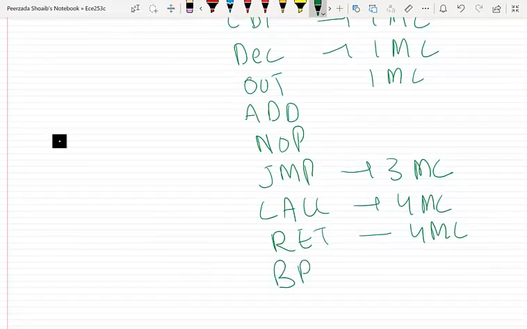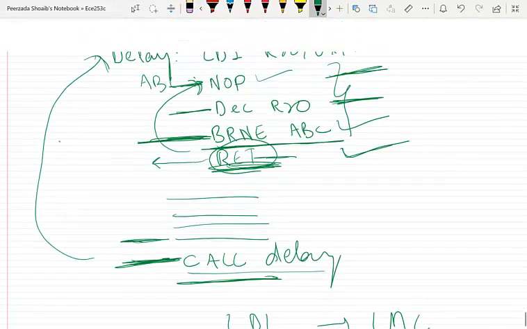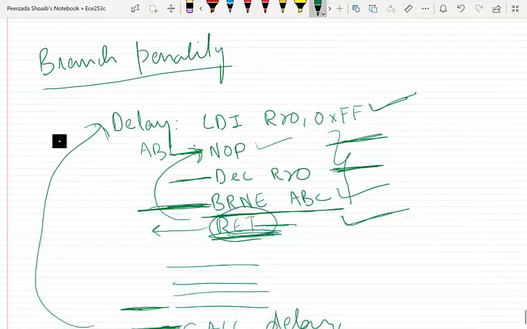Conditional branch, for example BRNE, may take 2 or 1 machine cycle to execute. If the condition is met, that means it has to branch, then it will take 2 machine cycles to execute. And if the condition is not met, maybe in this case, when finally R20 has reached 0, BRNE ABC will not be jumping to ABC at that time.